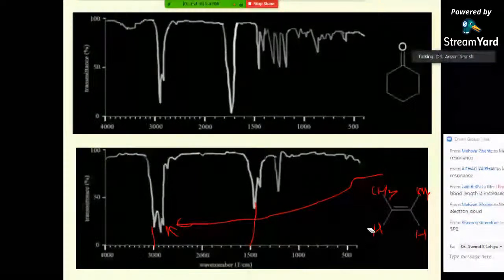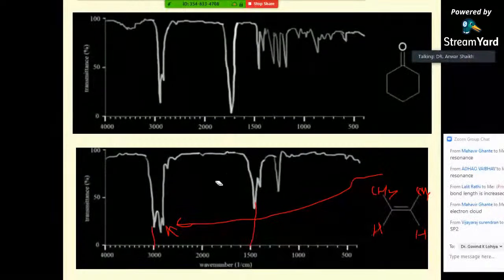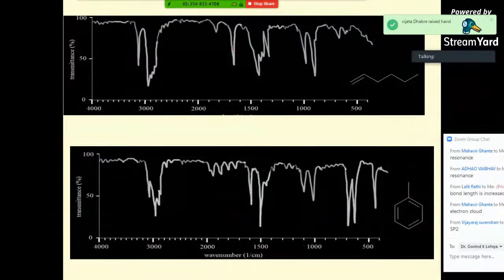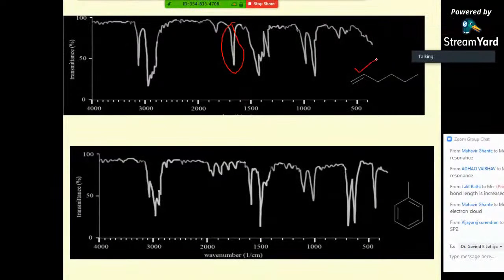But as it is an alkene, ideally due to the CC stretching we should get a band in the region of, for example, 1650, as we got in the earlier case.